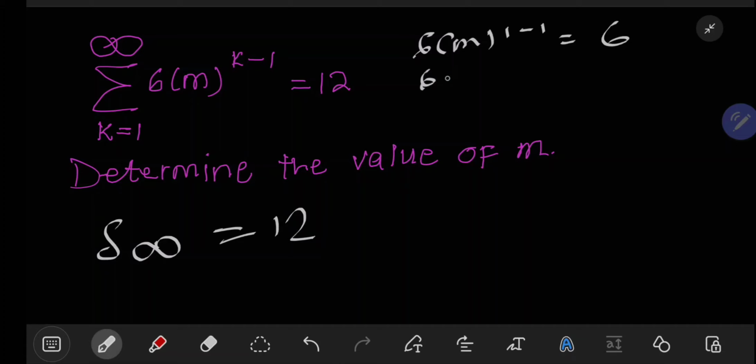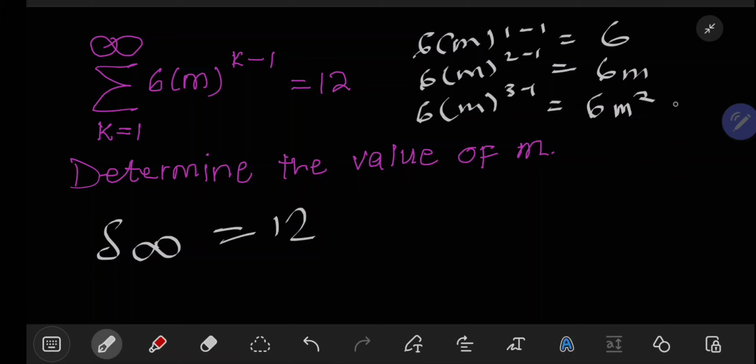Then the second term, 6m to the power 2 minus 1, gives us 6m. Then for the third term, 6m with exponent 3 minus 1, we're going to have 6m squared.